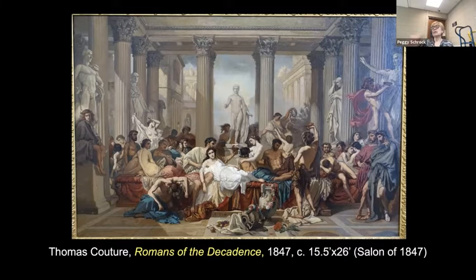And then 2 years later, you get Courbet. This, called the Romans of the Decadence, is even a little bigger than Courbet's. It's actually more overtly political than Courbet's, and yet people had no problem with it, because he's disguising that politics in this language of ancient Rome.